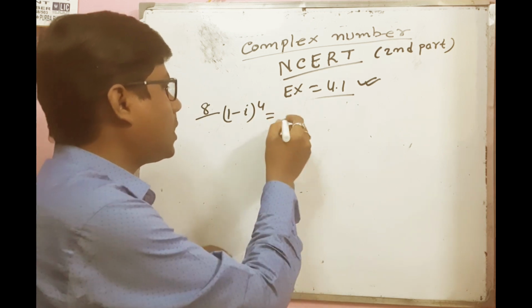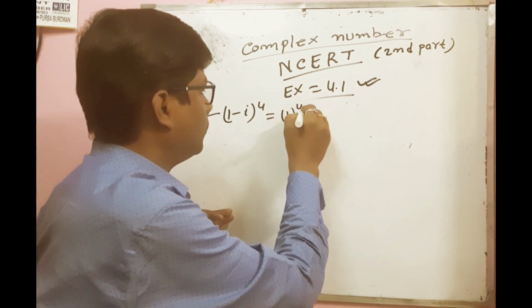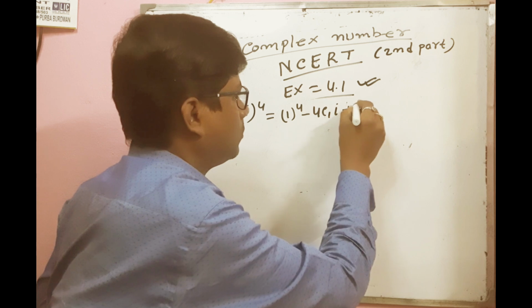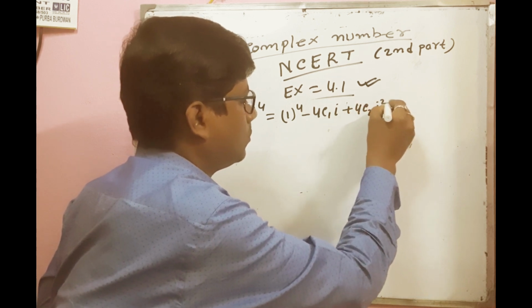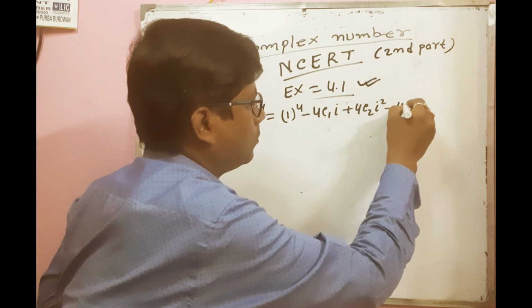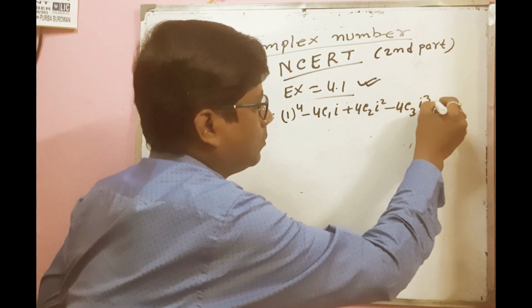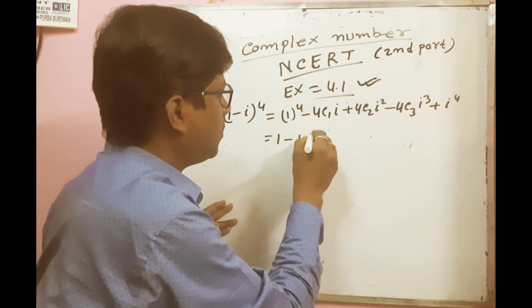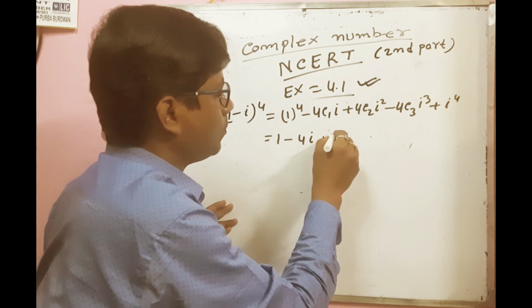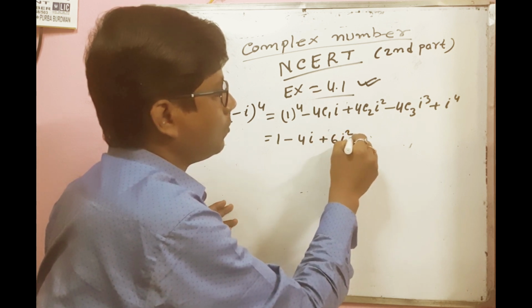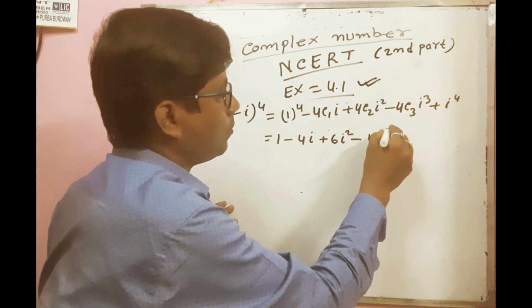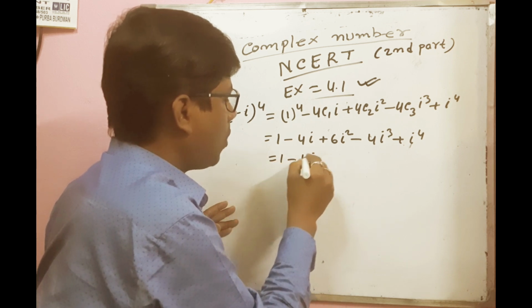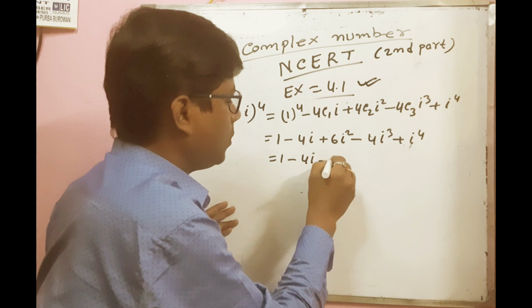By using the binomial theorem, we get, now calculating, we get, we know that i square is equal to minus 1, put here, then we get this one.